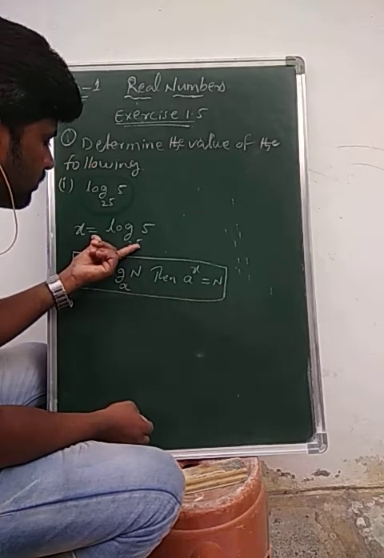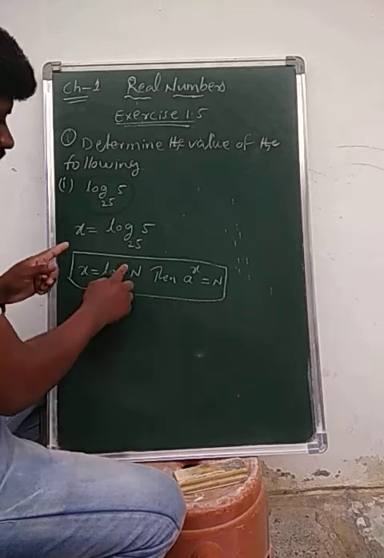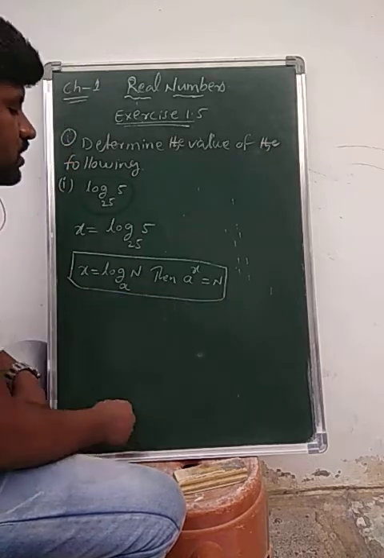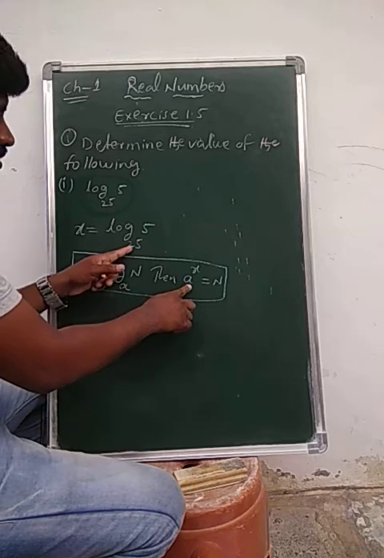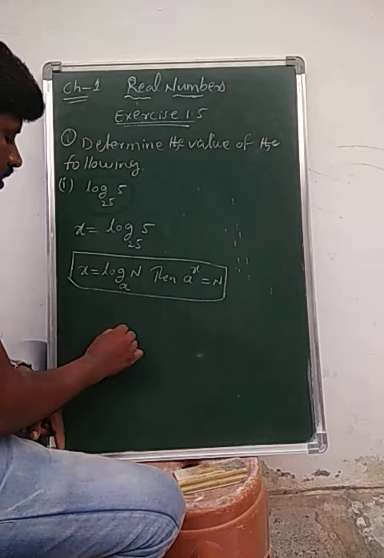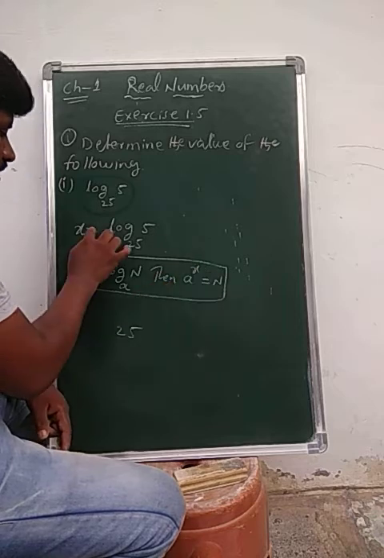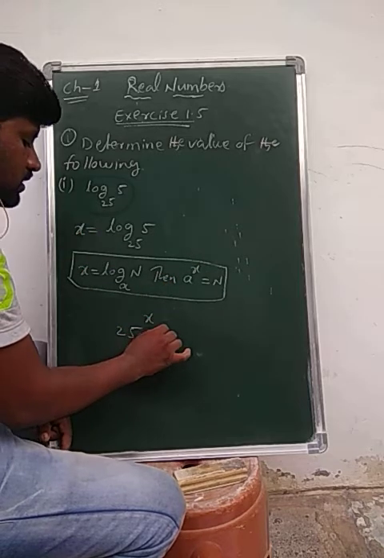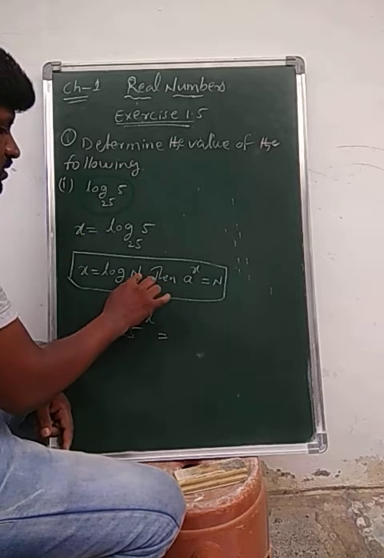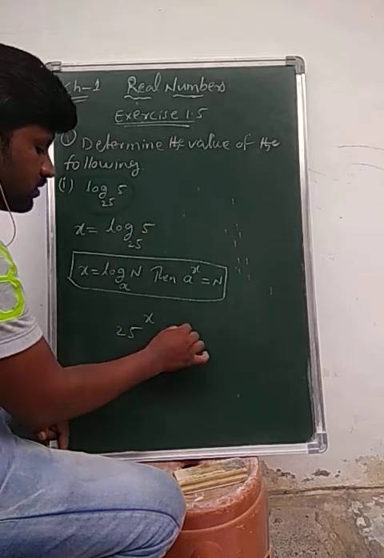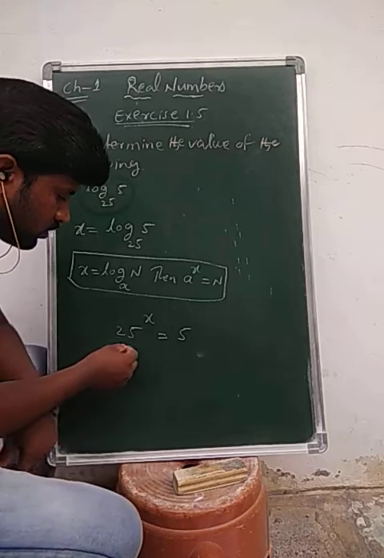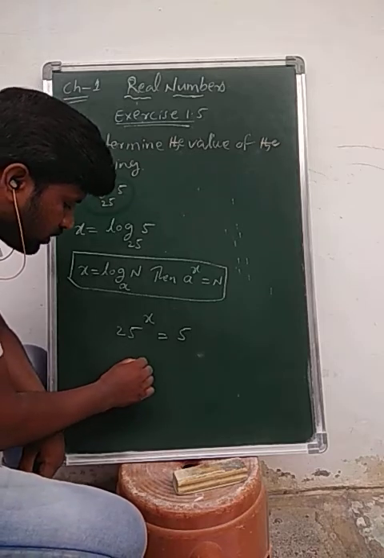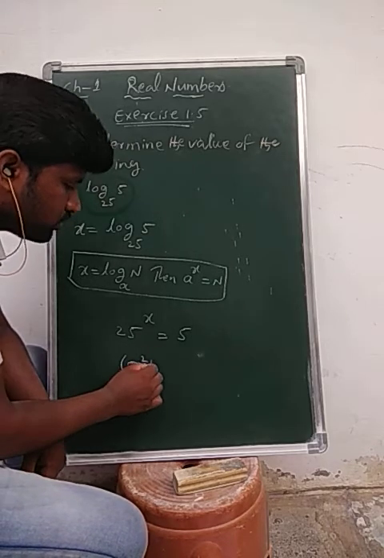Here we have it in logarithmic form. Then I am going to write this in exponential form. Here a means what? A means 25. So 25 power x is equal to n. In the place of n, 5 is there. Now 25 we can write as 5 power 2. Yes or no?